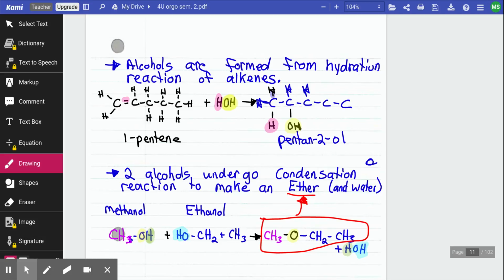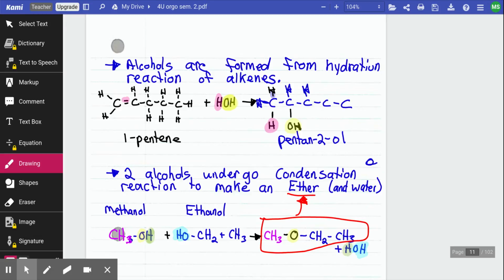Okay, so if we have a methanol, which we see right here, and an ethanol, which we see right here, they undergo condensation. So condensation means that it releases water and bond those 2 carbon chains together to make this structure, which is called an ether.